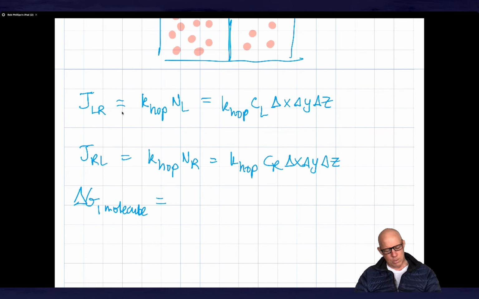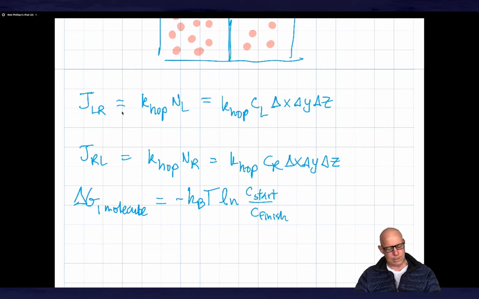So delta G for one molecule is minus kBT times the log of C start over C finish. What do I mean by that?